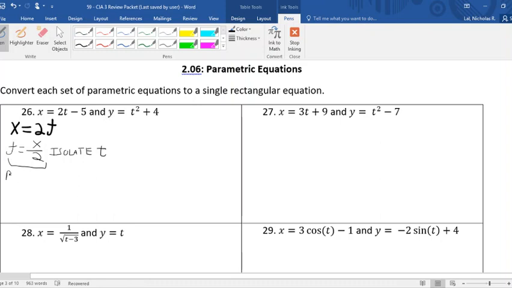So we're going to plug t into our y equals t squared plus 4.